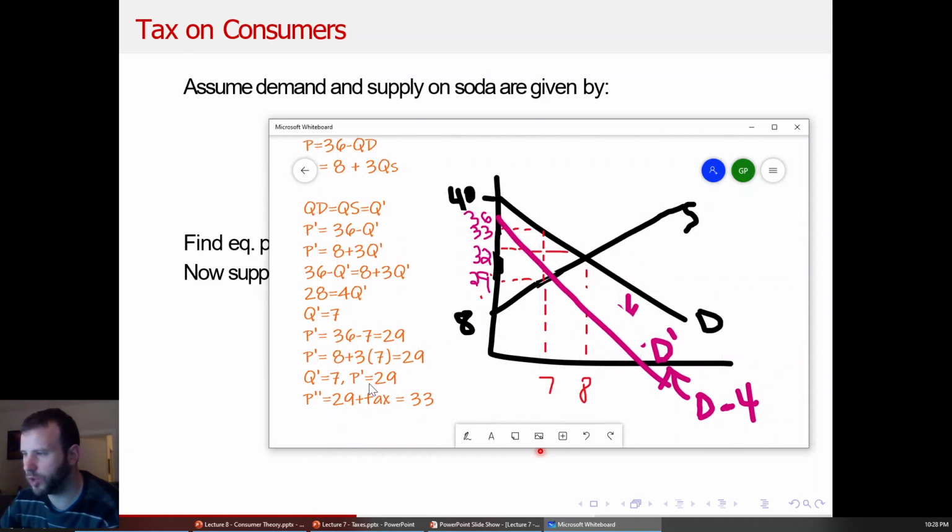Okay, so that's what the consumers actually pay per good once they're done paying their taxes. Okay, 36 is the new intercept, and 40 is the old intercept.